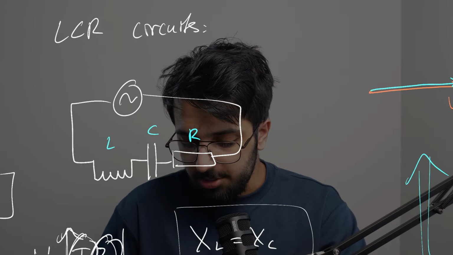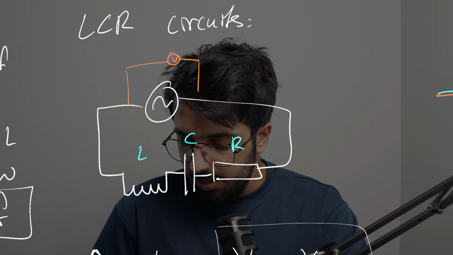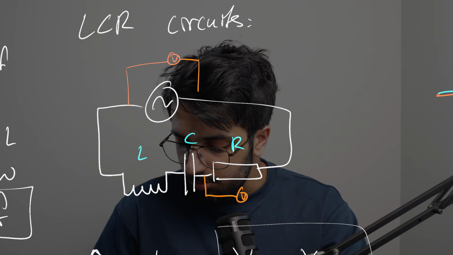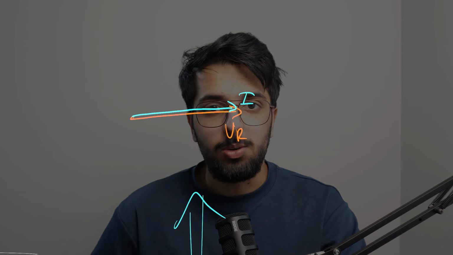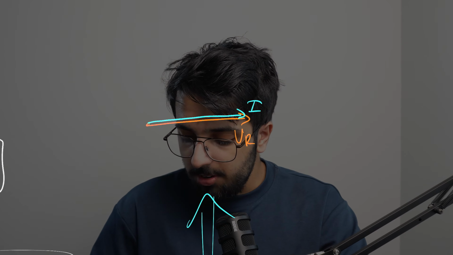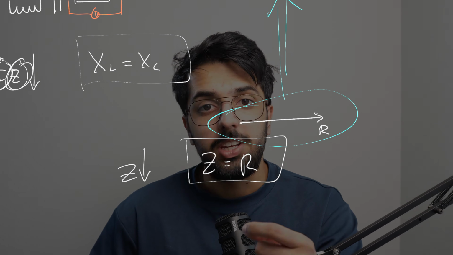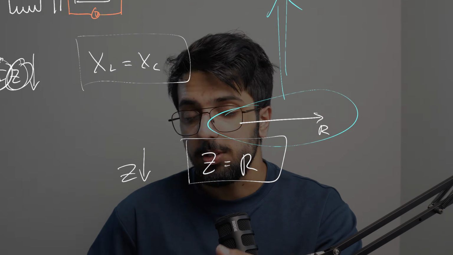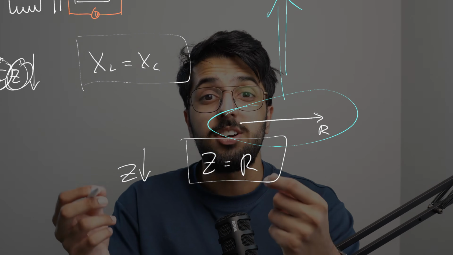If we imagine the terminal voltage over here, if the voltages across these two are 0, that means the terminal voltage is going to equal the voltage across the resistor. And so the voltage across the resistor is our EMF. As you can see here, our EMF is now in phase with our current, and that backs up our point earlier that the circuit is now purely resistive. Because if we remember, for a purely resistive AC circuit, our current and our voltage are in phase.